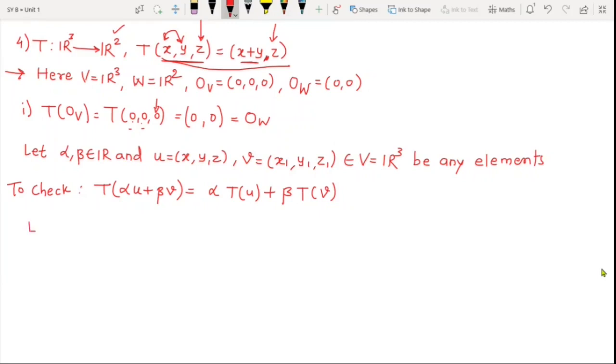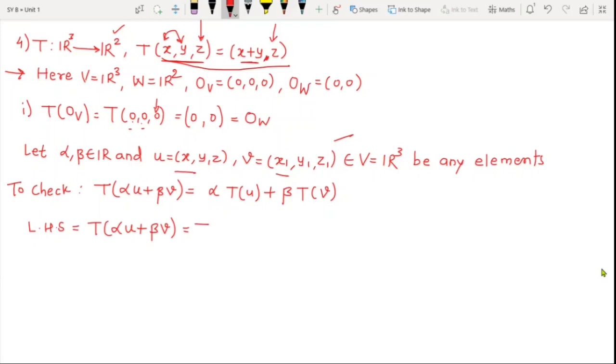So first of all, we'll go for LHS. Now what is my LHS? T of alpha u plus beta v, which is further equal to, now simply put the values of u and v from here.